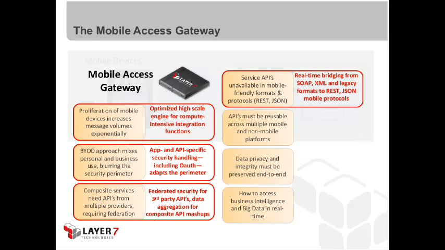So when you have services that may be very verbose for the enterprise, and maybe that's appropriate for machine-to-machine communication in the enterprise, when you're offering that out to the mobile device, which is battery-powered and going over a wireless network, you want to minimize the footprint of data. And so the gateway also has the capability to filter out superfluous data, compress data, and put it in a format that's going to make it very friendly for mobile devices.